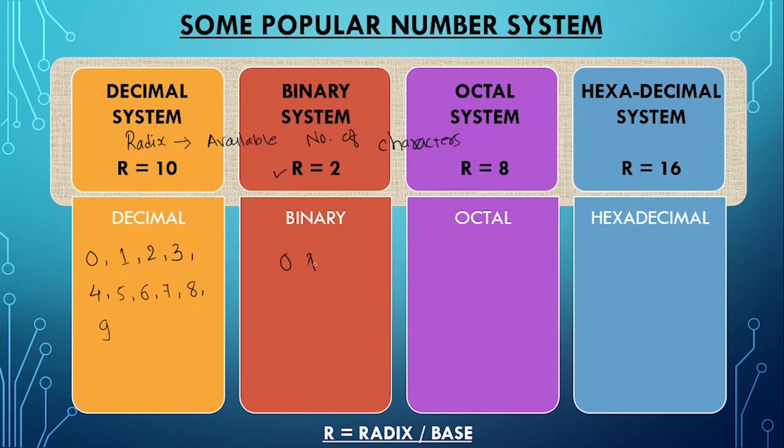In the binary number system, as we have the radix 2, we only have 2 characters, 0 and 1. Now it is obvious that if we want to represent the same number in the decimal number system as well as in the binary number system, then the length of the data will be much higher in the binary number system, because the available characters are just 2.